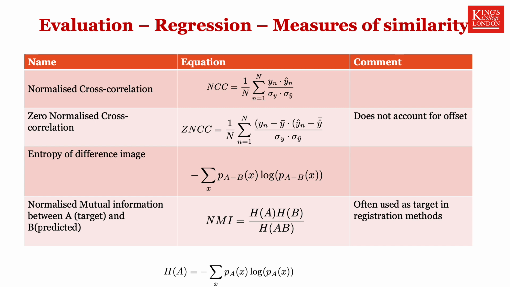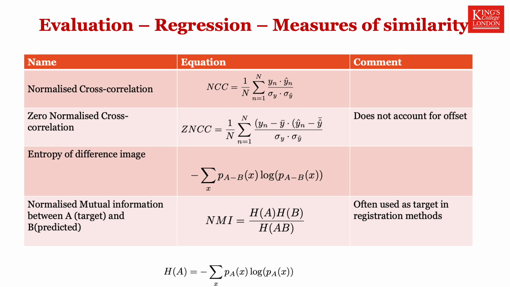One of the aspects that is often used as a measure of similarity is the entropy that you get in your image. You measure, for instance, a difference of images, and you calculate the entropy over it.